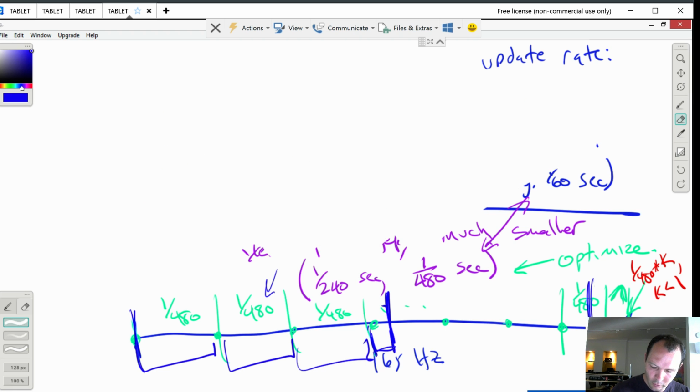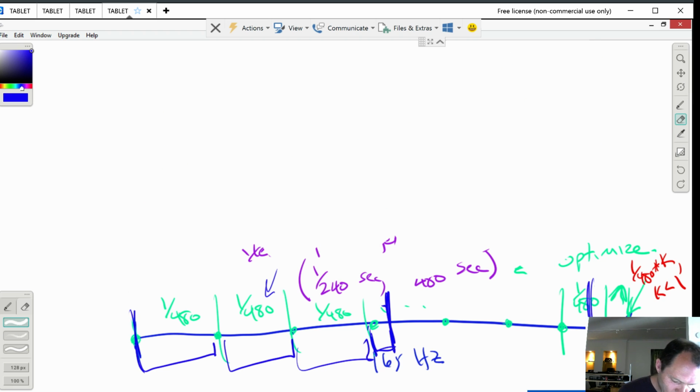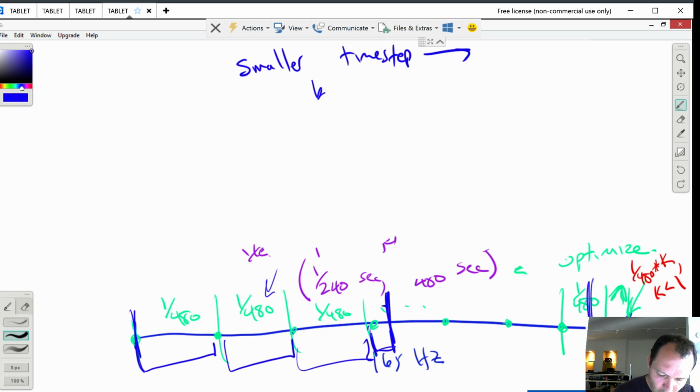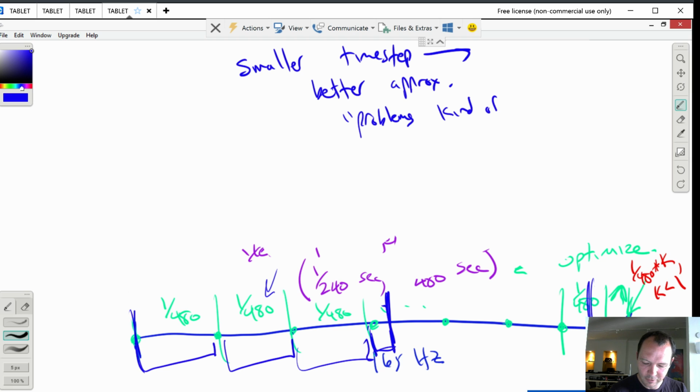So smaller time step means better approximation, which means problems kind of go away. So because we're mostly being fixed and then our variable bit is short, then I'm going to hope that just no problems arise in practice. Now, this is not frame rate independent.